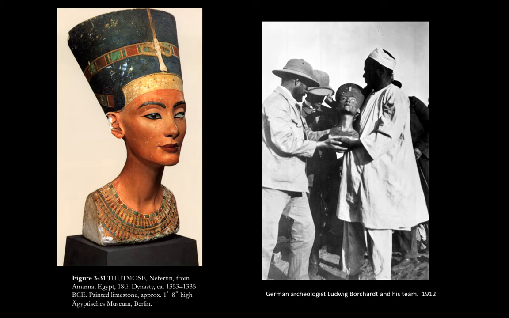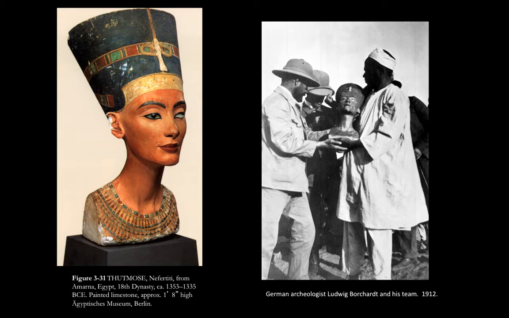This bust here of Nefertiti was also created during this time, and you can see that it shows a kind of casual liveliness and an informality and a real sense of the actual person that's almost unseen in other examples of ancient Egyptian art.